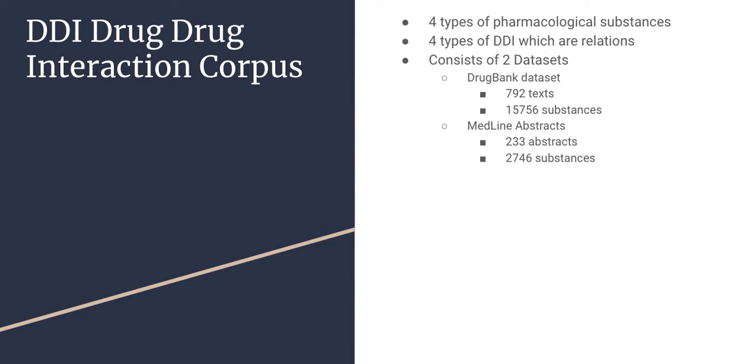The second dataset that was used was the drug-drug interaction corpus, in which there were 4 types of pharmacological substances and 4 types of DDI, which are the relations, and it also consists of 2 datasets. The DrugBank dataset, which consists of 792 texts and 15,756 substances, whereas in the Medline abstracts there were 233 abstracts consisting of 2,000 substances.